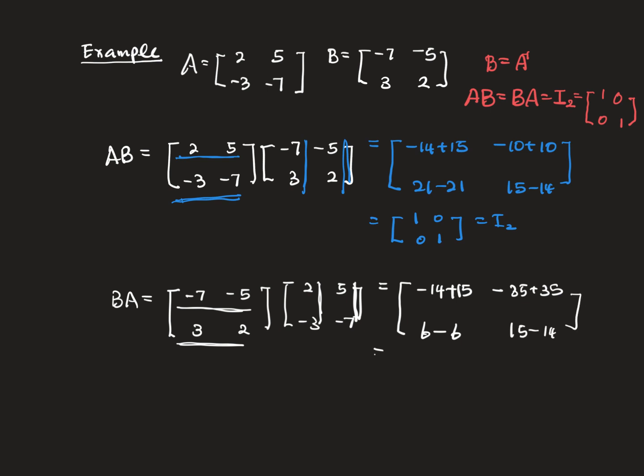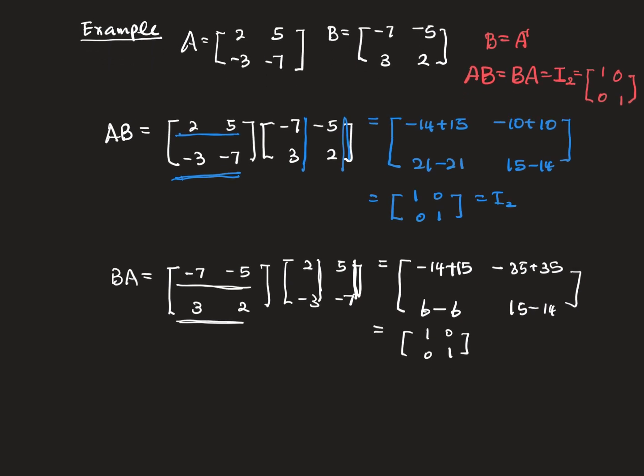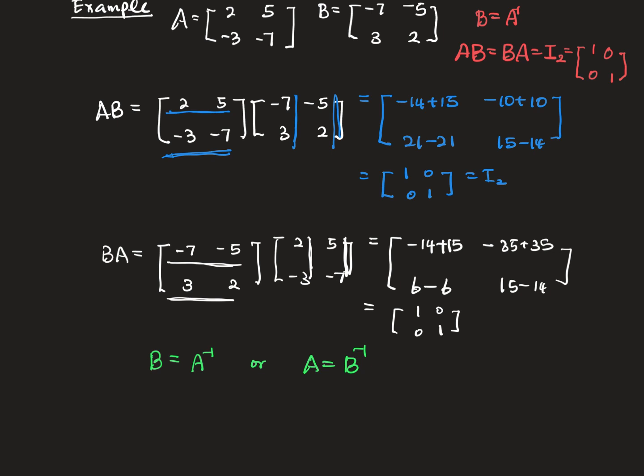So you have 1, 0, 0, 1. So your conclusion is that matrix B is the inverse of A, or matrix A is the inverse of B. So we say A inverse times A is the identity matrix.